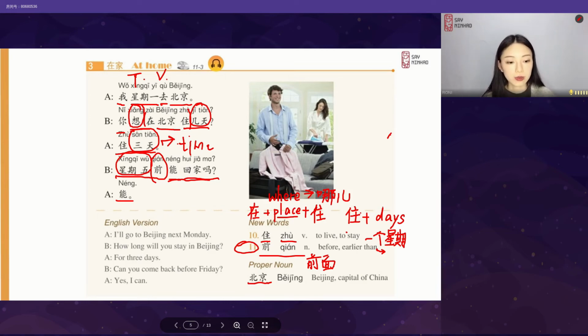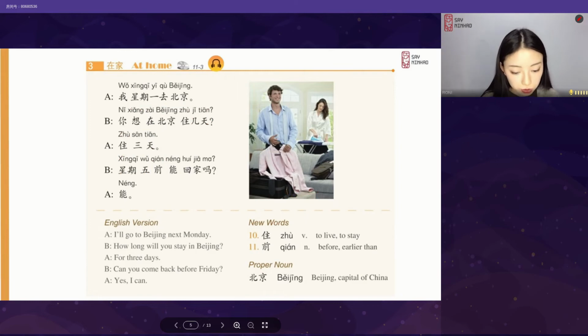Okay, now let's try to read it from the start. Try to read after me. 我星期一去北京。你想在北京住几天？住3天。星期五前能回家吗？能。Okay, now let's try to read it in rows.